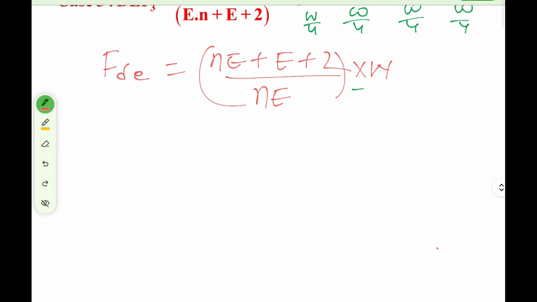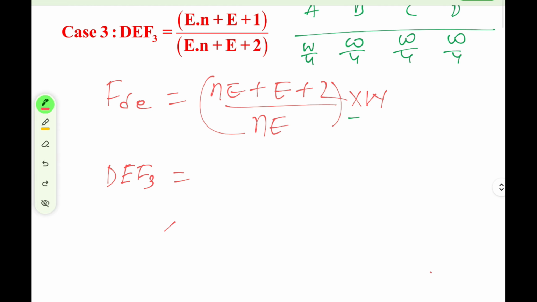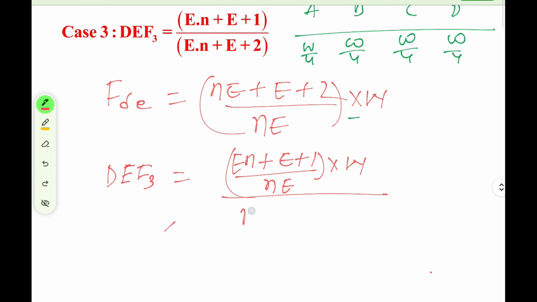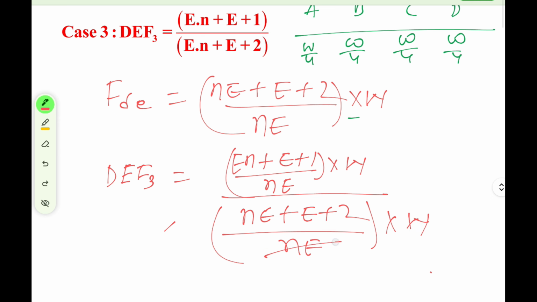We need to calculate the Derrick efficiency factor for case 3. So we know that the actual Derrick load is nothing but (Ne plus E plus 1) divided by Ne multiplied with W, divided by (Ne plus E plus 2) divided by Ne multiplied with W. This term will cancel out.